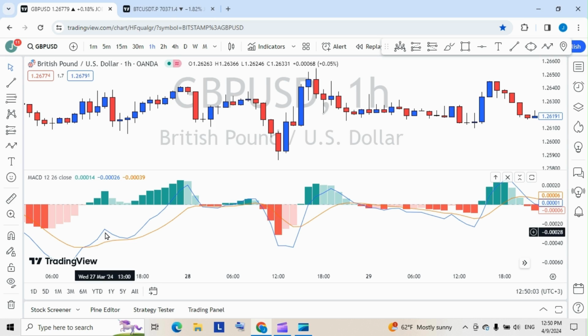So you just enter from here, and when you see the MACD line is trying to compress, getting closer to the signal line, or you see the buying power is losing strength, you want to exit your trade. Then you don't want to enter in this kind of choppy ranging market. You wait for another cross signal again, so you can get over 10, 15, 20 trades a day just by using the MACD line.